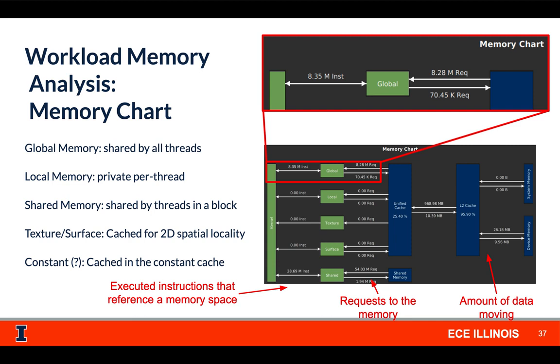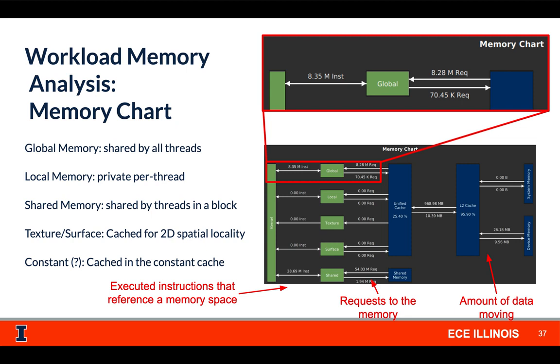So there's a few different parts of this diagram. It might be a little small on your screen, but you can look at it in real life. But basically, it'll tell you how many instructions from the kernel referenced a particular memory space. It will tell you how many requests from memory that generated. And then it will also tell you on the right-hand side how much data is moving between the system memory, the L2 caches, and the L1 cache.